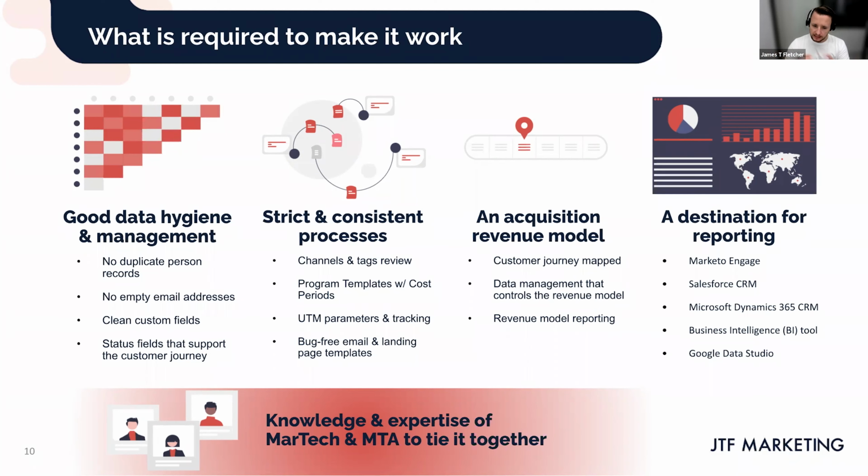Now, the second part is strict and consistent processes. So I mentioned this up front. There's a few things here that are really critical to make a success of multi-touch attribution within Marketo. We're talking the semi-automated version of attribution, of course. And that is that the channels and tags are up to date in Marketo. You're not using the out of the box.